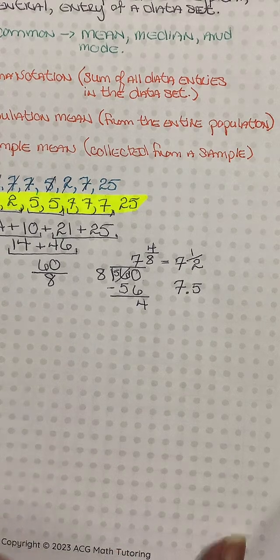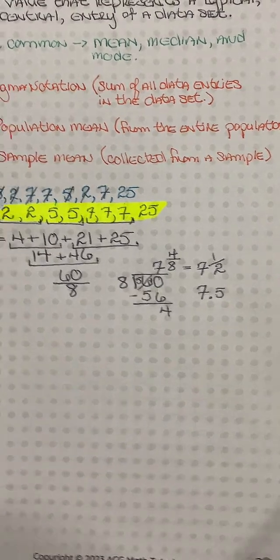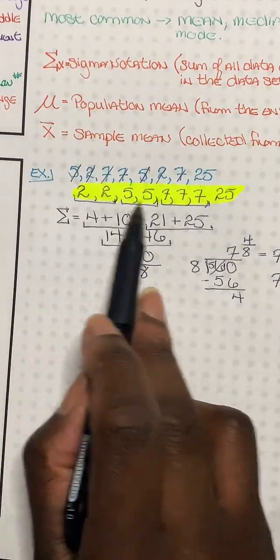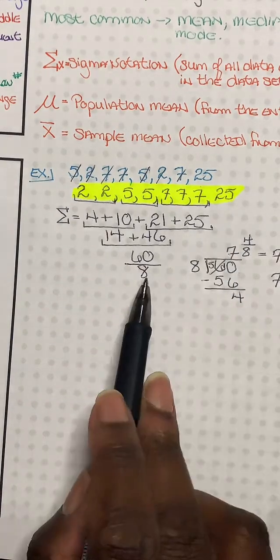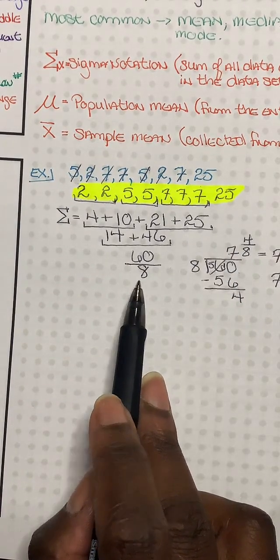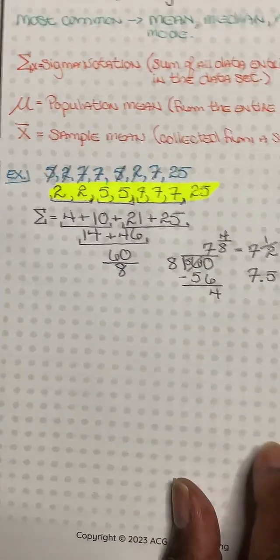So it's a combination of basic math skills, but at the same time it's a refresher, and something active to keep your mind going. So that's what you do with the mean. You add your numbers up, and then you divide by the total numbers in that data set. And if you have to do the division, do your division and simplify as best you can.